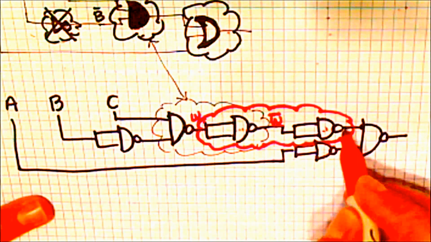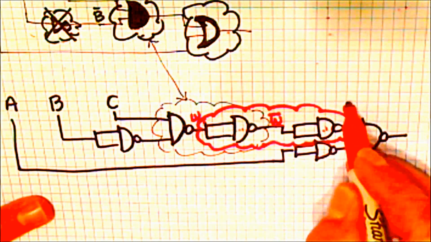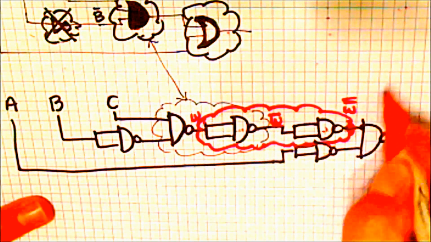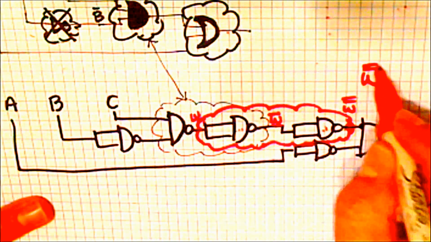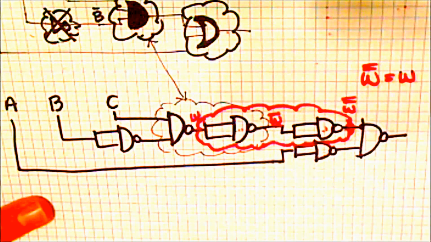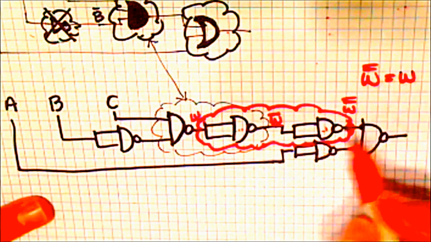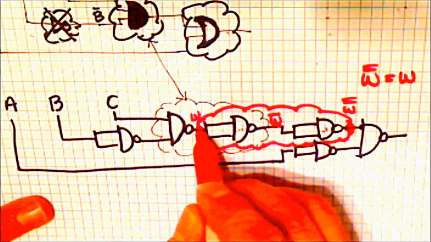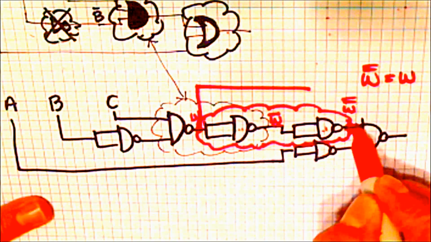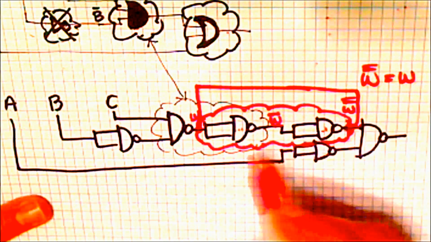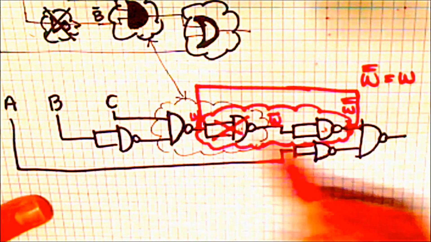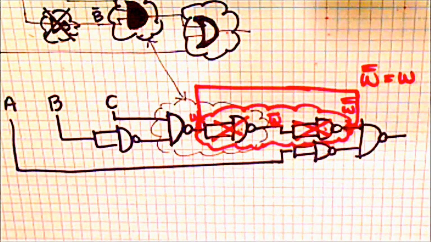This W inverted gets inverted once more, therefore this becomes W inverted twice at this point. And we know that W inverted twice is exactly the same as W. Therefore, what that means is that we could simply run a wire from this point to this point, bypassing all of this. Therefore, the two inverters cancel each other out.